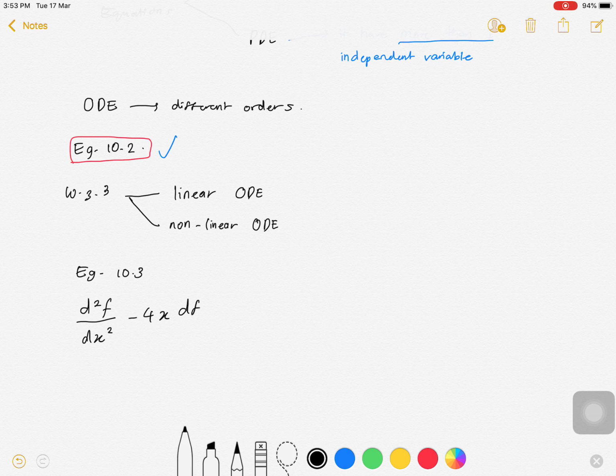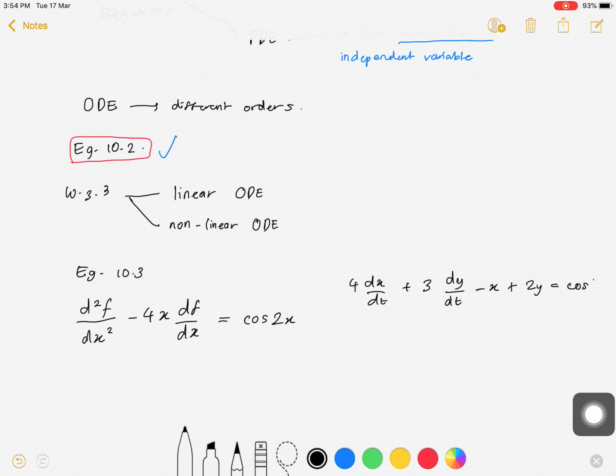For x, dx equal to cos 2x. So this is the first equation. And the coupled equations, the second and the third equation: dx/dt plus 3dy/dt minus x plus 2y equal to cos t.